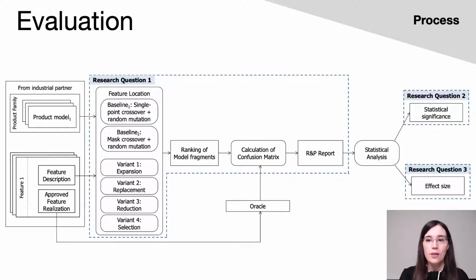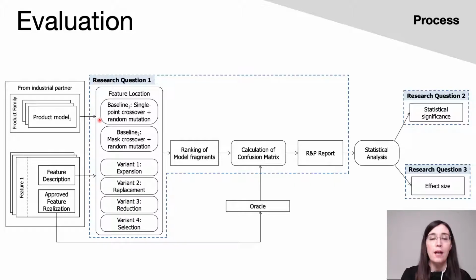This figure shows the evaluation process that is planned to answer each research question. Here we have the inputs which are provided by our industrial partner, that are the different product models, the different feature descriptions, and the approved feature realization. And here we have the different approaches that we are going to evaluate for feature location.